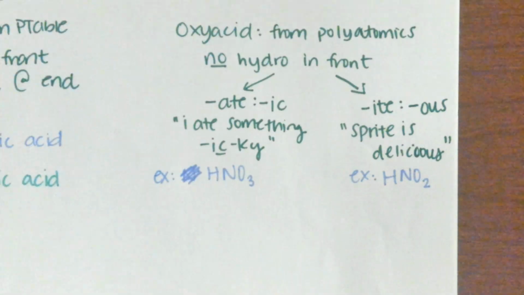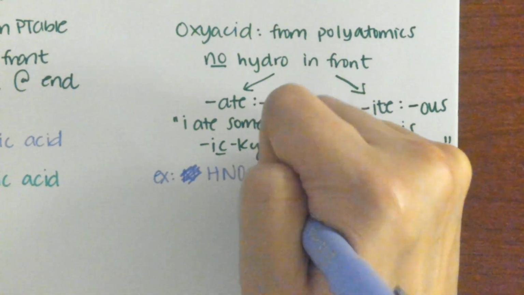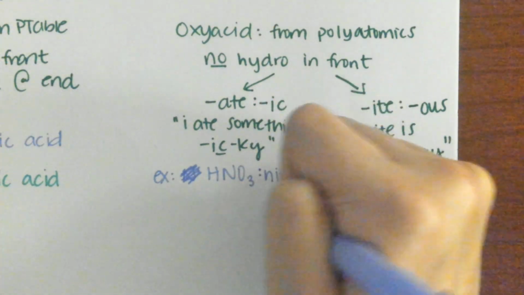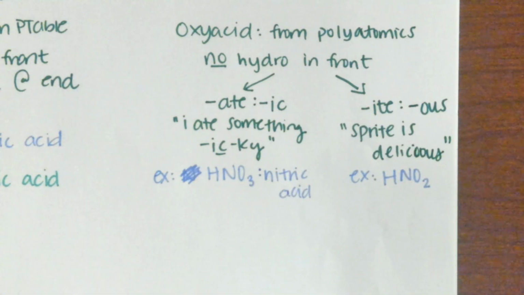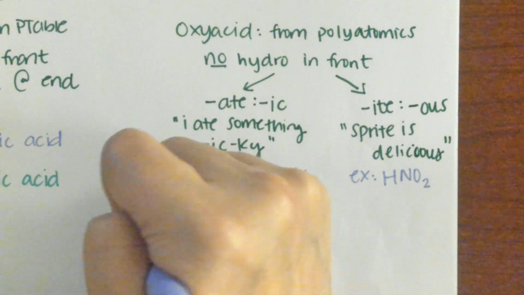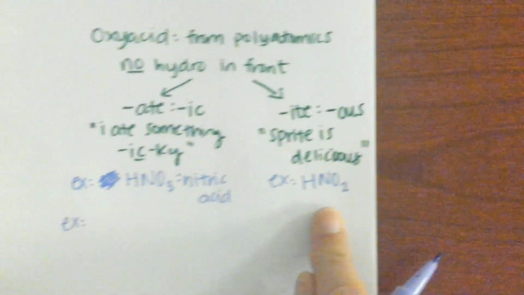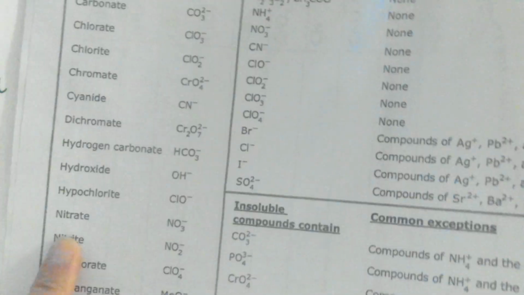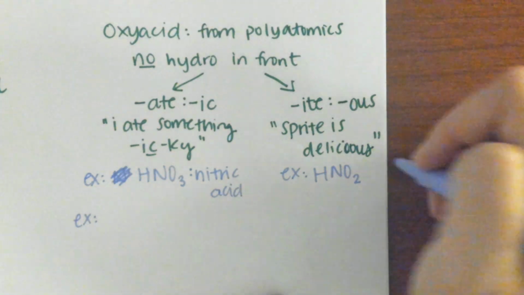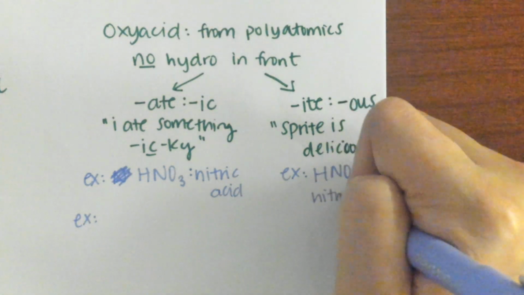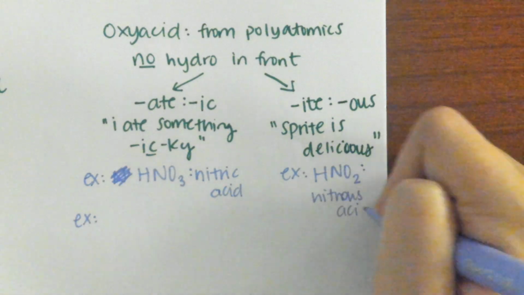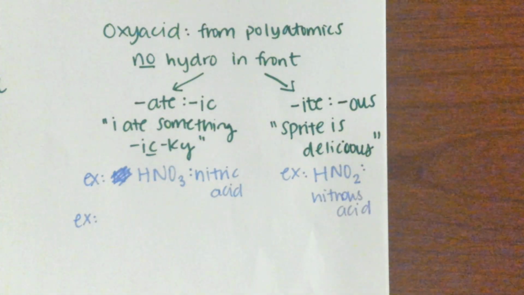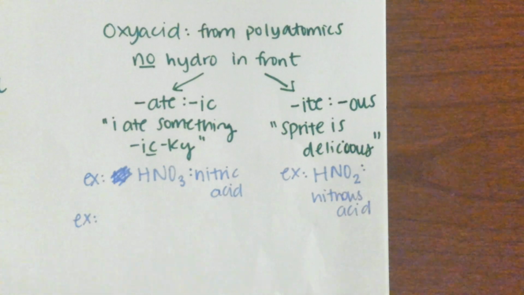So nitrate turns into nitric acid. Okay? Let me talk about HNO2. So NO2 is nitrite, and nitrite turns into nitrous acid. So that's with the naming.